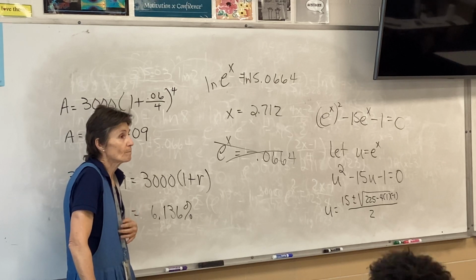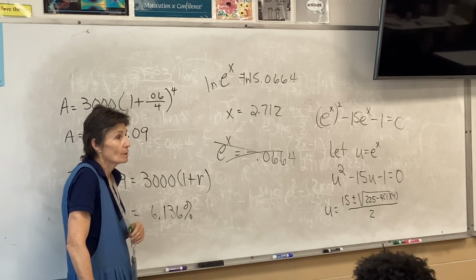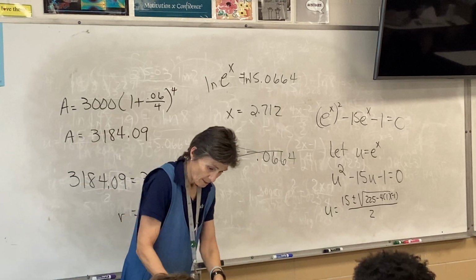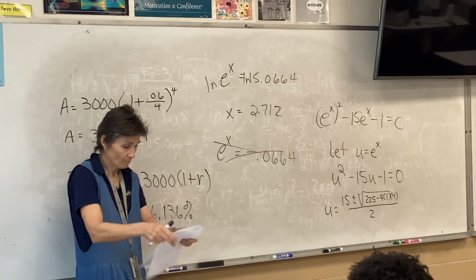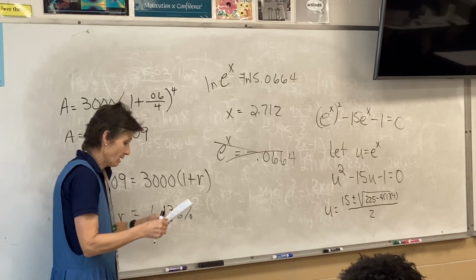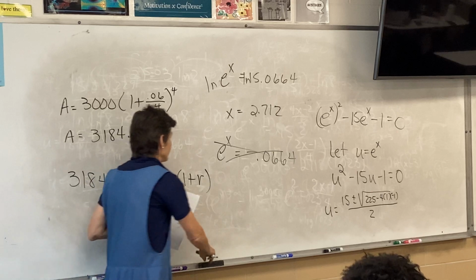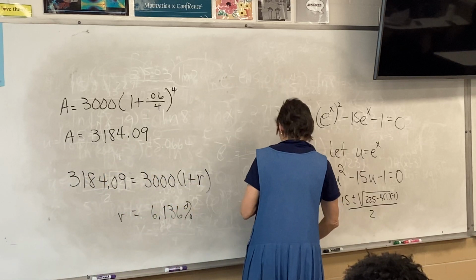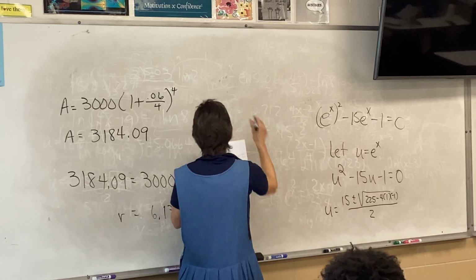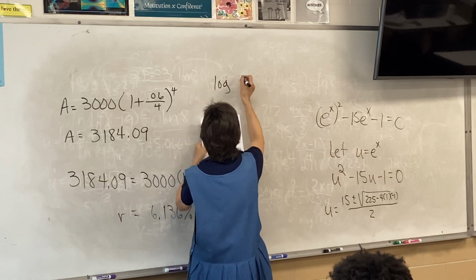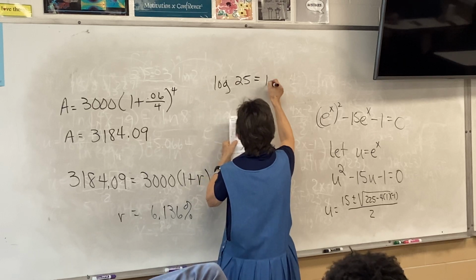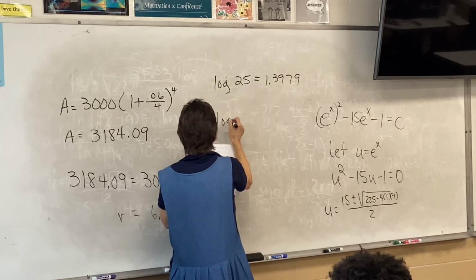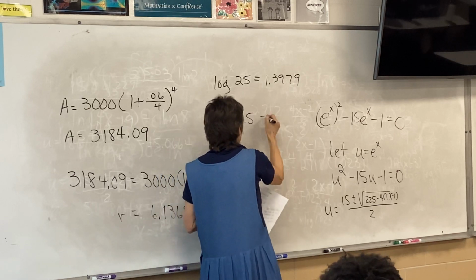One more. Josh? On the very front page of the review, number 8. Which one? A, B, or C? A. All right. So, given that the log of 25 is 1.3979, find the log of 2.5.